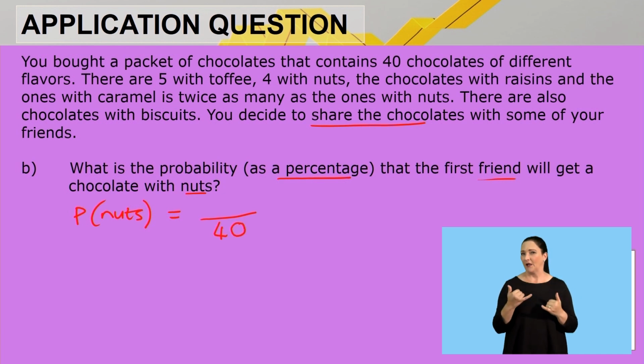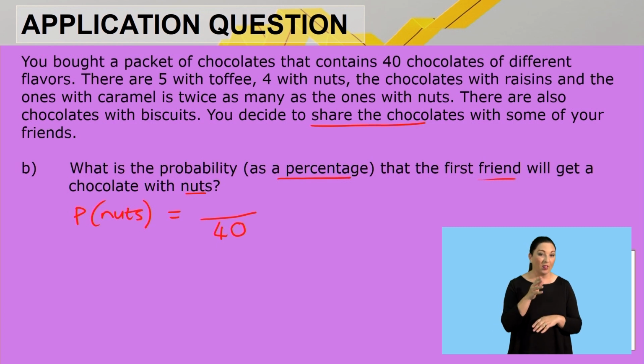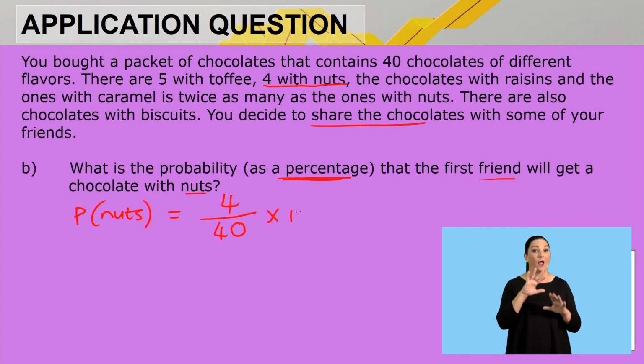Then we want to know the first friend will get a chocolate with nuts. How many chocolates do we have with nuts? We indicated 4 with nuts. So therefore, 4 out of the 40 will be nuts, right? Also important with this question is that we have to write this probability as a percentage. At this point in time, I'm sure you know, to get a percentage, I'll multiply by 100%.